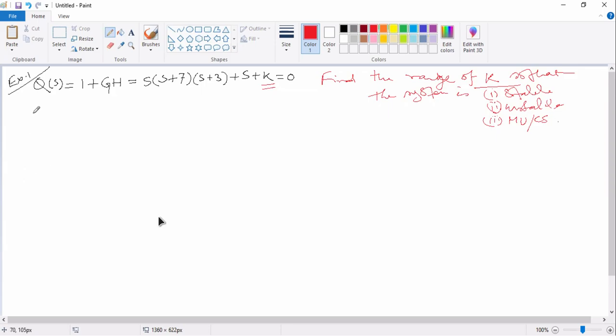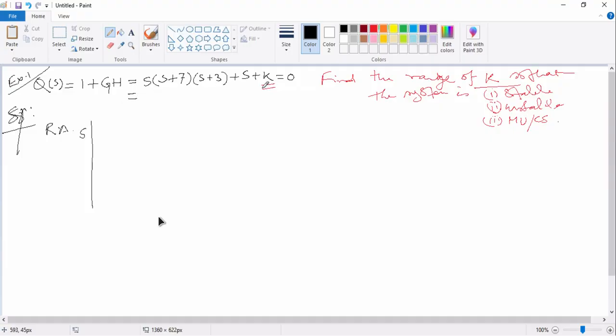Now we have to solve the problem. How do we solve it? The first thing you have to do, you know, is to create the Routhian array, and in the Routhian array, what is the starting power of s? First you have to multiply it out.